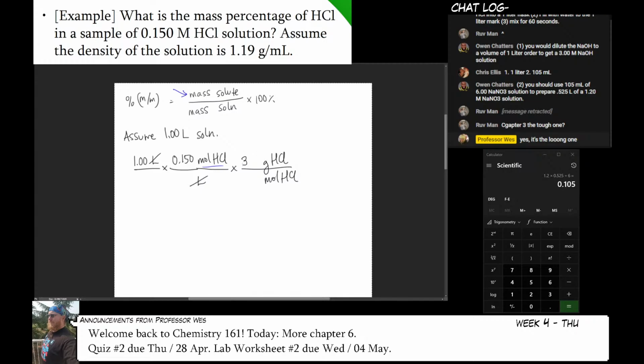So 1.150 times 36.46. This number would be the mass of solute. In my 1 liter sample, I have 5.47 grams of HCl.